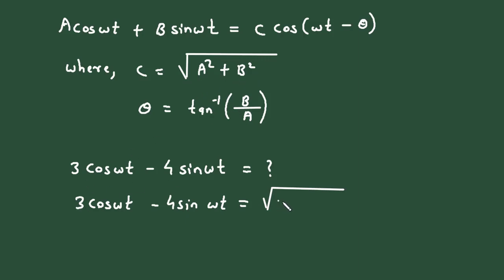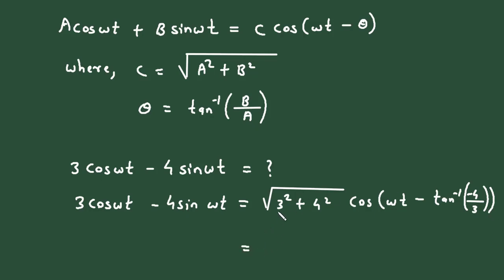So this will be 3 square plus 4 square, then cos omega t minus, in place of theta this will be tan inverse of B by A. In place of B we can substitute minus 4 divided by 3.